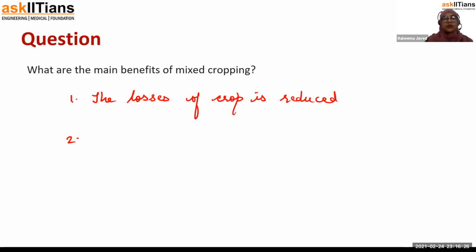So if one crop is destroyed, the other will be saved, and crop losses cannot be prevented altogether, but they will definitely be reduced. Next, it maintains the balance of nutrients in the soil.